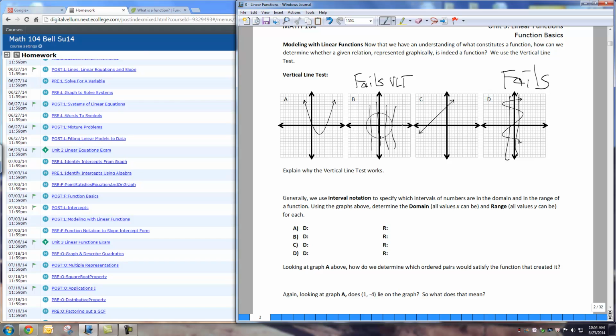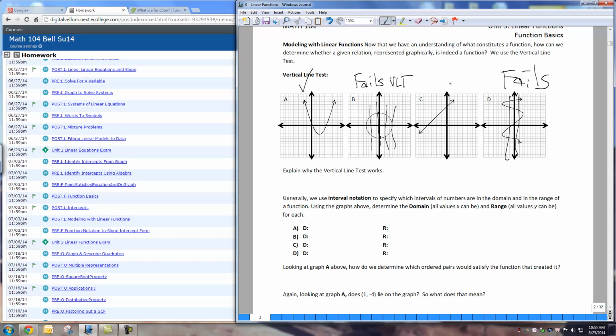Think about it, it's like putting money into a Pepsi machine and pressing the Sprite button. Your input was the Sprite button. Now the Sprite button can't send you back a Pepsi and a Sprite, it can only send you back a Sprite. So this is a function: for any input, you're getting one and only one output. When I press the Sprite button, I have to get back a Sprite. I can't get multiple outputs for it.